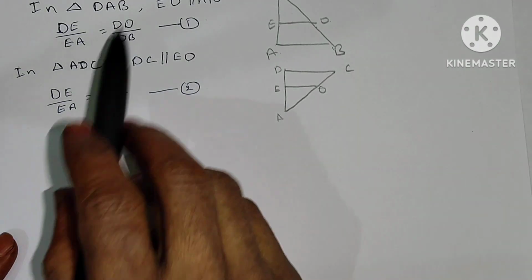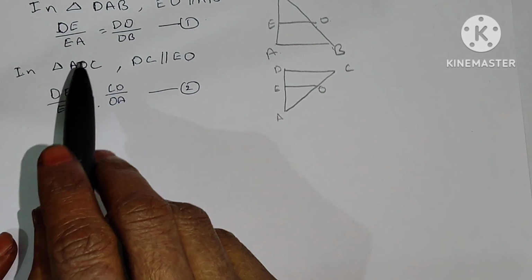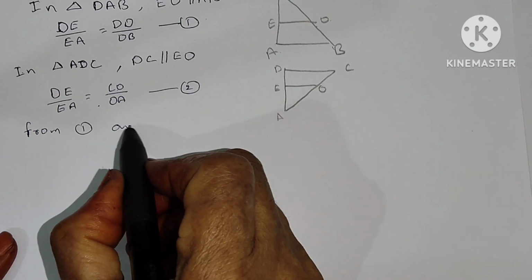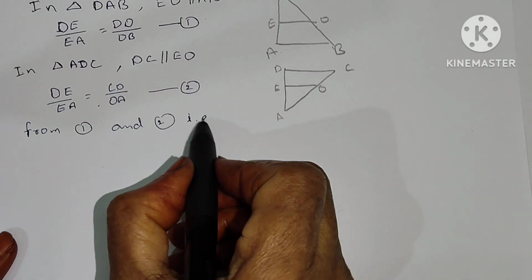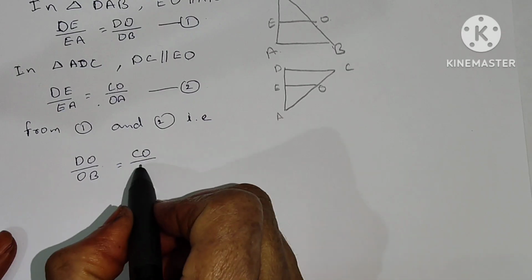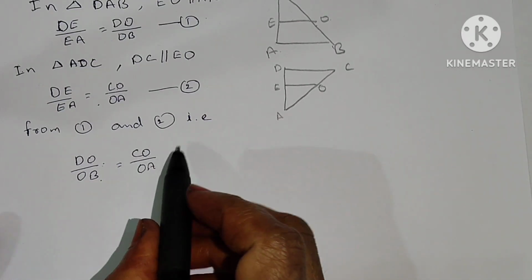Observe these two equations: DE by EA, the left hand sides are equal. Therefore from equation 1 and 2, DO by OB equal to CO by OA.